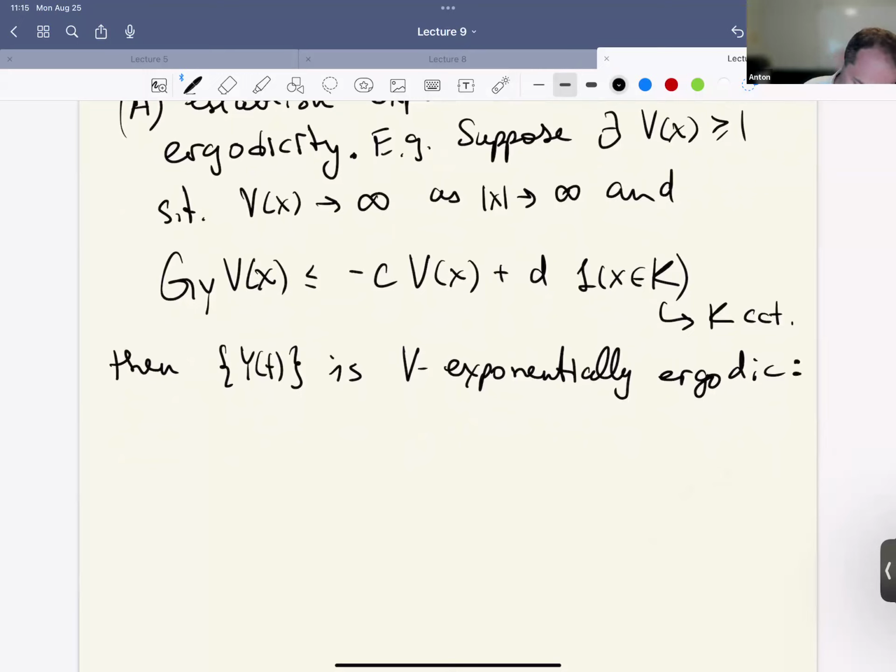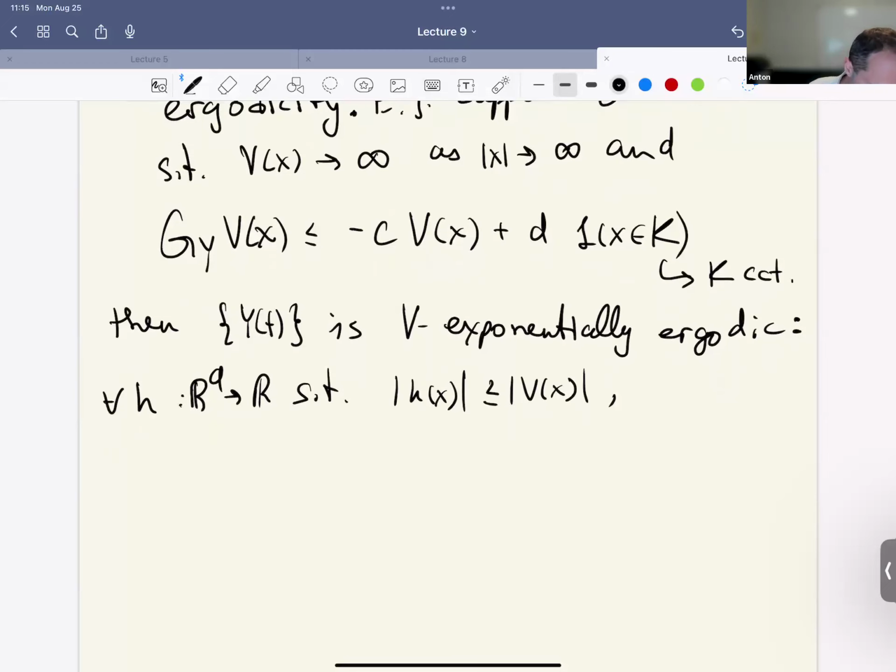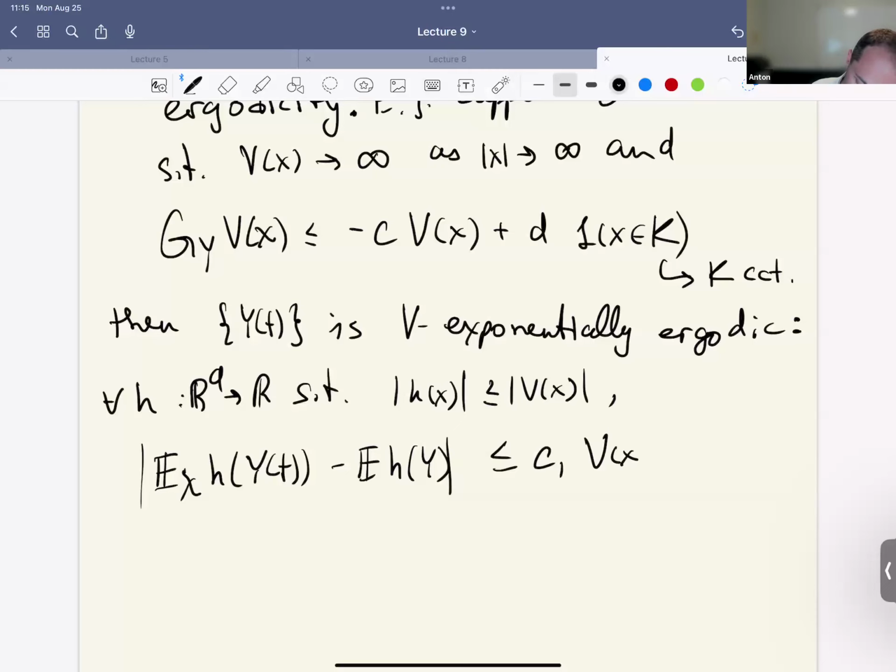Which means for any test function h from Rd to R such that the function is bounded by V, the expected value x of h of y of t minus expected value of h of y is less than or equal to some c1 V of x e to the negative c2 t for all x in our Euclidean space.